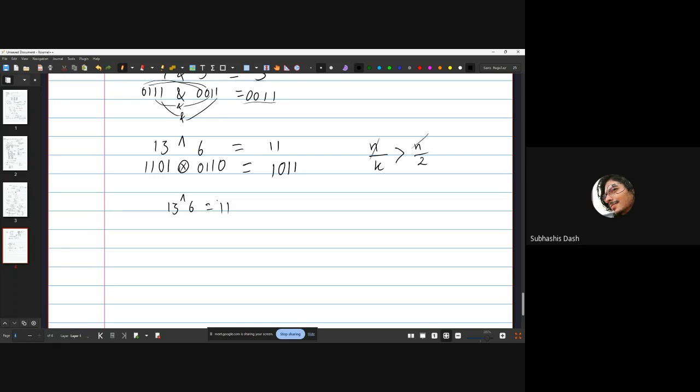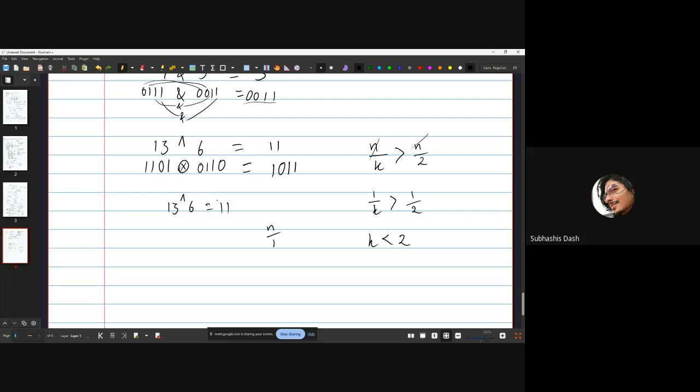At this point, we can just cancel this one. So 1 by k is smaller than 1 by 2. So what does k have to be in order to get n back? k will have to be less than 2, right? So what we can see from here is that if any number is bigger than n by 2, in that case it will have to be multiplied by a number that is smaller than 2.